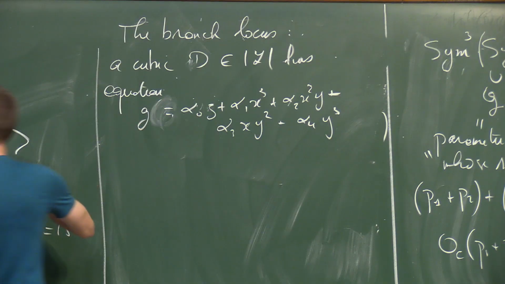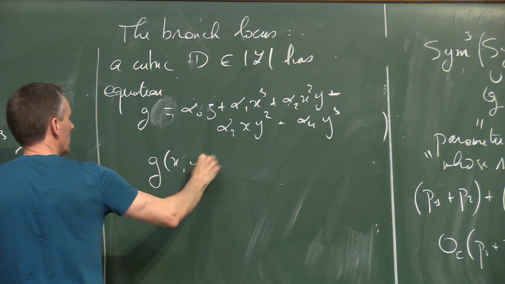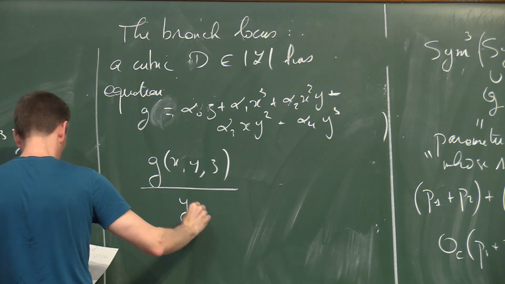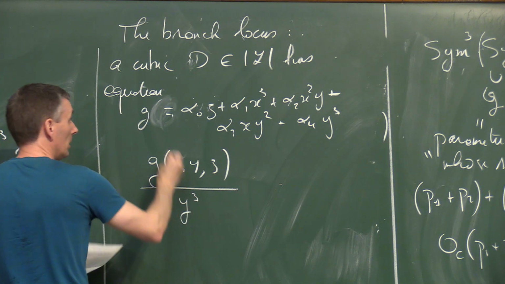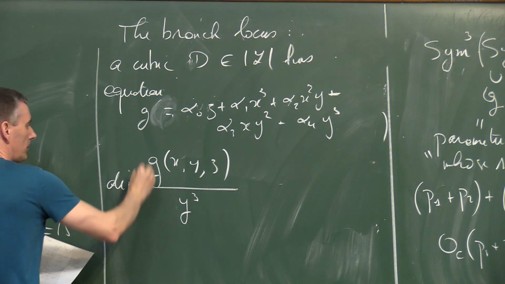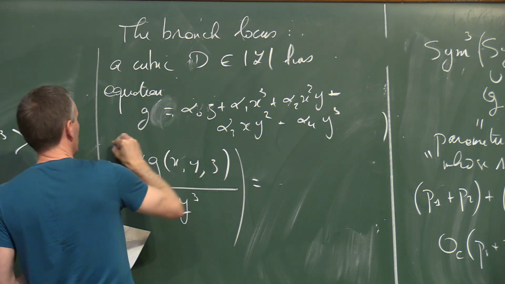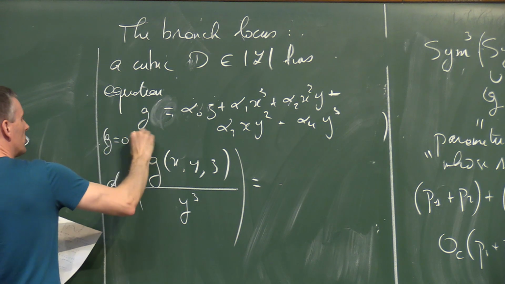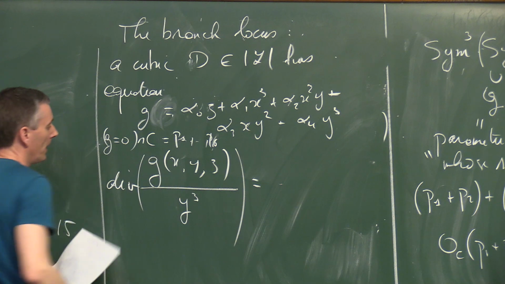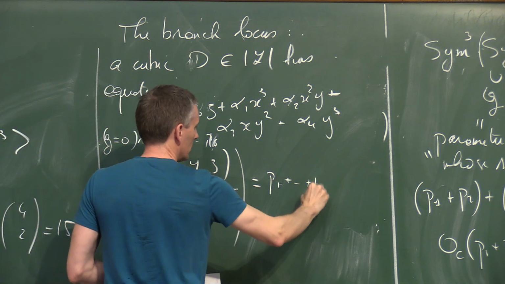And to understand Mumford's results, take this equation divided by y^3. This has degree 3, so this is a rational function. And the divisor of this, so they say that G equals 0 intersect C in P1 until P6, defines a rational function whose divisor is the sum of the points.